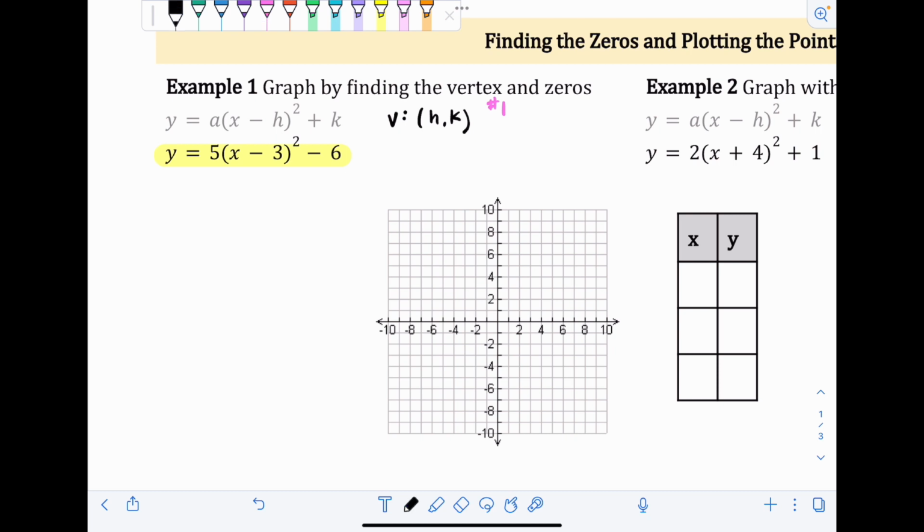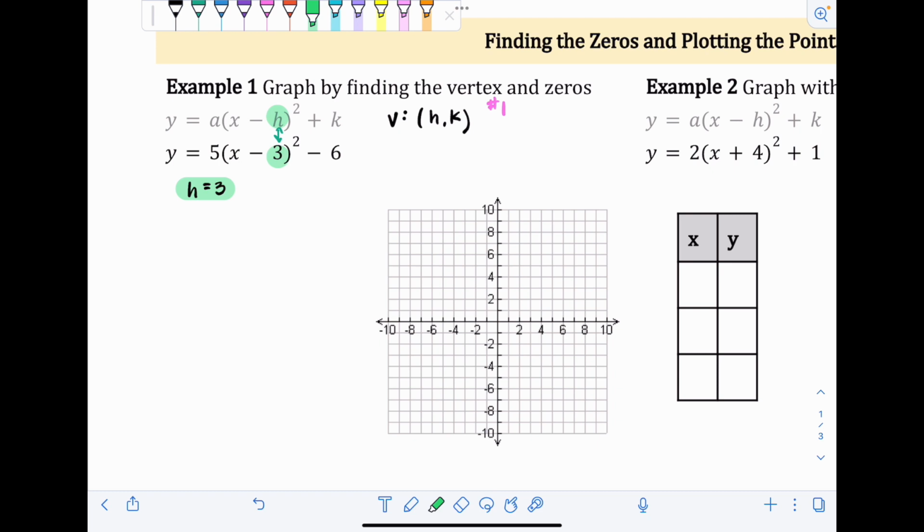So if I want to find h, I look at where h is in the formula. It's in the parentheses being subtracted from the x. If I look at my actual equation, what number is there? It's a 3. And remember, this minus is already a part of the formula, so h is just going to be +3.